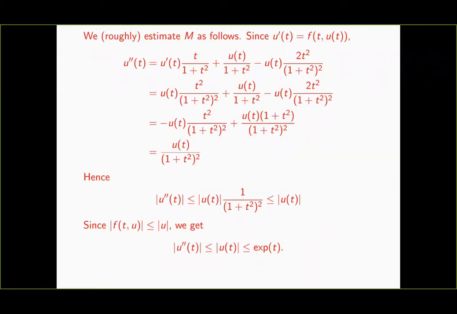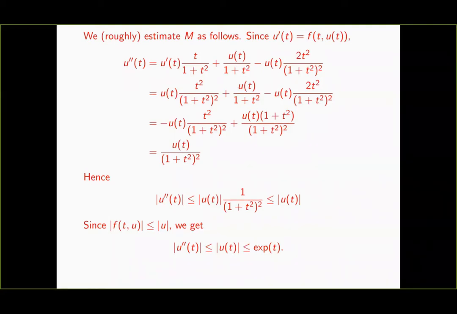Next, we do another algebraic manipulation in order to get rid of this first derivative of u in the first term. So we use that u'(t) = u(t)·t/(1 + t²) and simply plug this in. That's how I get to the second line. Everything else stays the same.